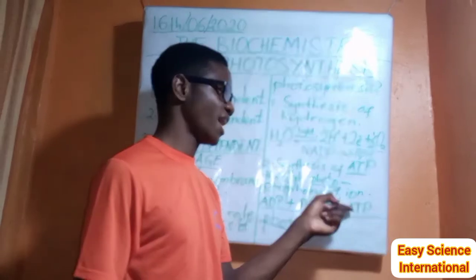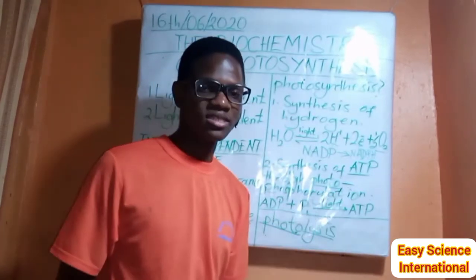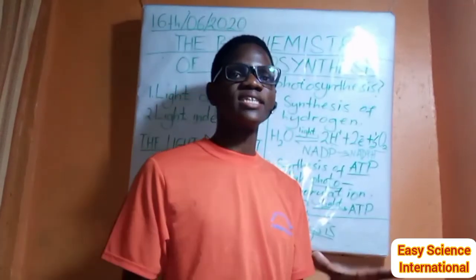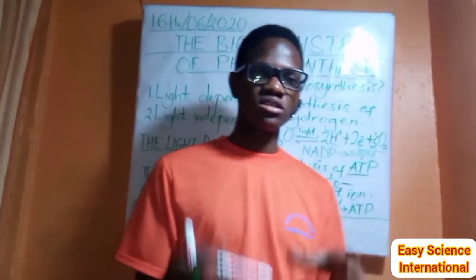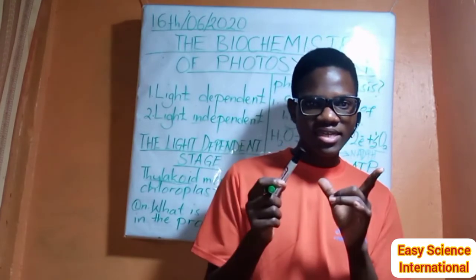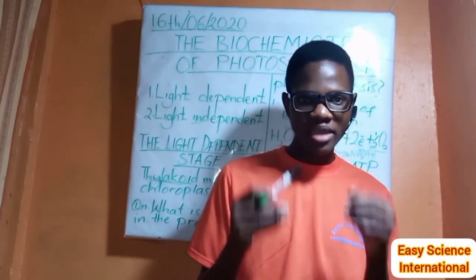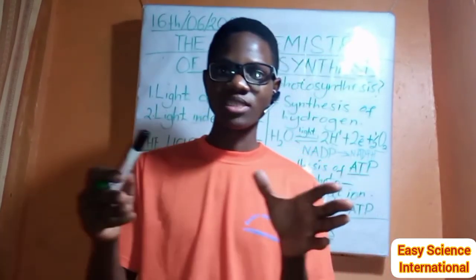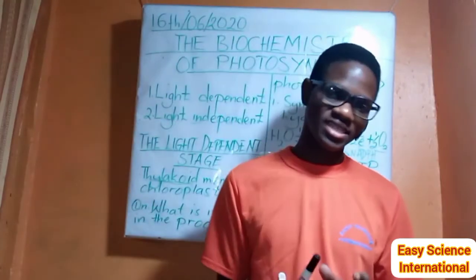Hence you yield adenosine triphosphate, which is ATP, and this is the universal energy currency. So whatever we've made in the light dependent stage, we shall see its significance in the dark stage.